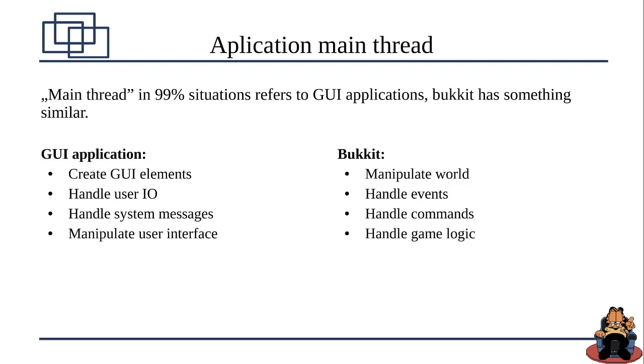So if you have a plugin that has a command, it will be executed on the main thread. This is exactly why when you have a command that takes very long to execute, your server will lag and you will probably experience a TPS drop.